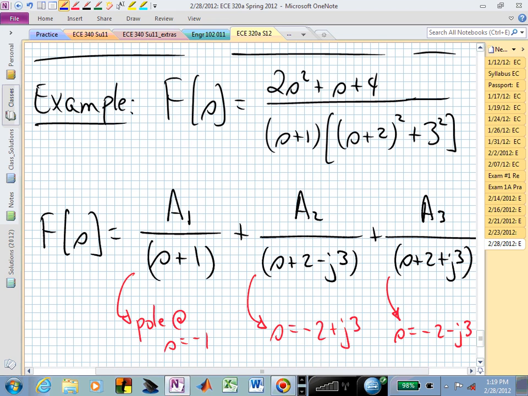So we now have A1 that we are trying to find, and we said multiply through by s plus 1, everything, and then evaluate at s equal to -1.